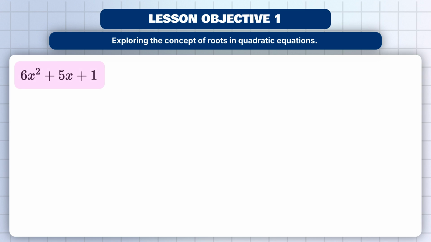First, let's see what the equation looks like when factorized. We want to express 6x squared plus 5x plus 1 as a product of two binomials. We'll need something like (ax plus b) times (cx plus d), where a, b, c, and d are integers.